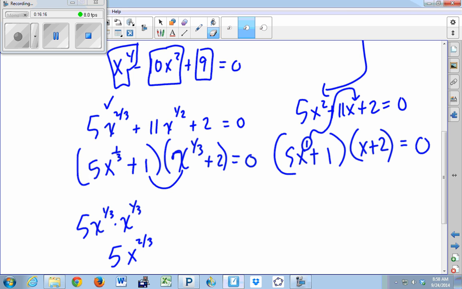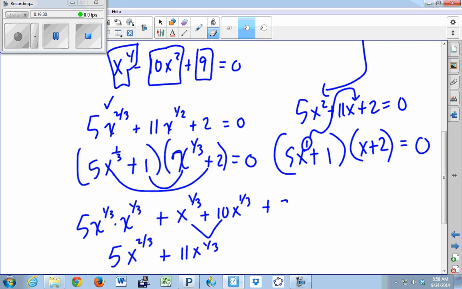Your middle term is 1x to the 1/3. And your outer term is 10x to the 1/3. And you can combine those to get you 11x to the 1/3. And then finally, you have your plus 2. So sort of what got you through quadratics, one of your strategies was to factor. Okay.